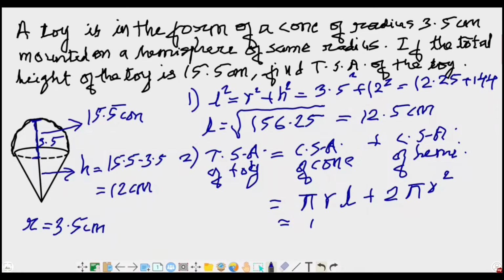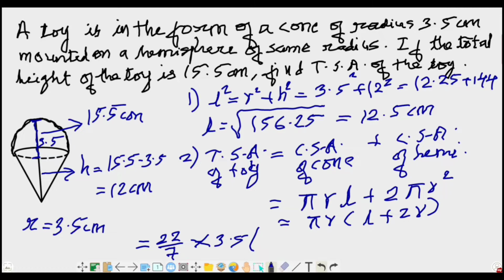So when you take pi r common, it is L plus 2r. Now let's substitute. Pi I am taking as 22 by 7, into 3.5.